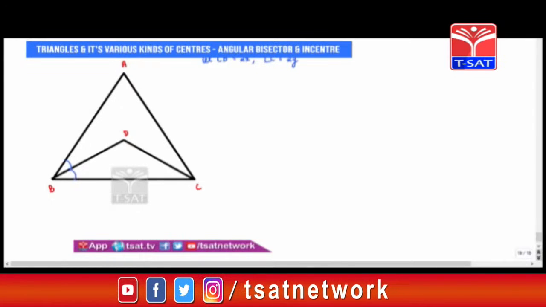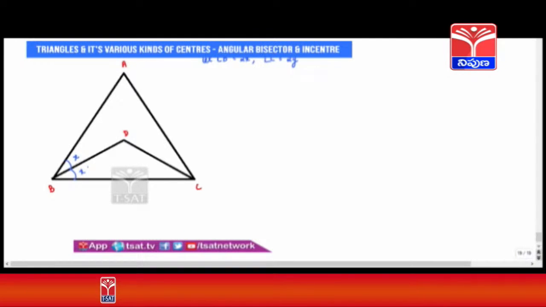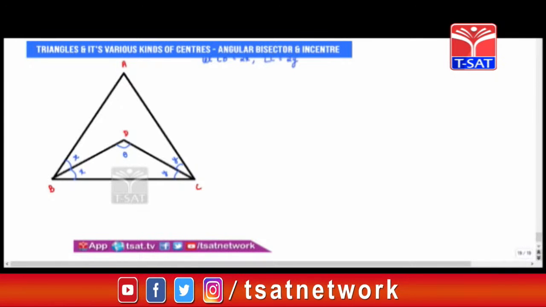So, it bisects the angle, therefore x, x. It bisects the angle, therefore y and y. If this angle is theta, our aim is to find out this angle theta.